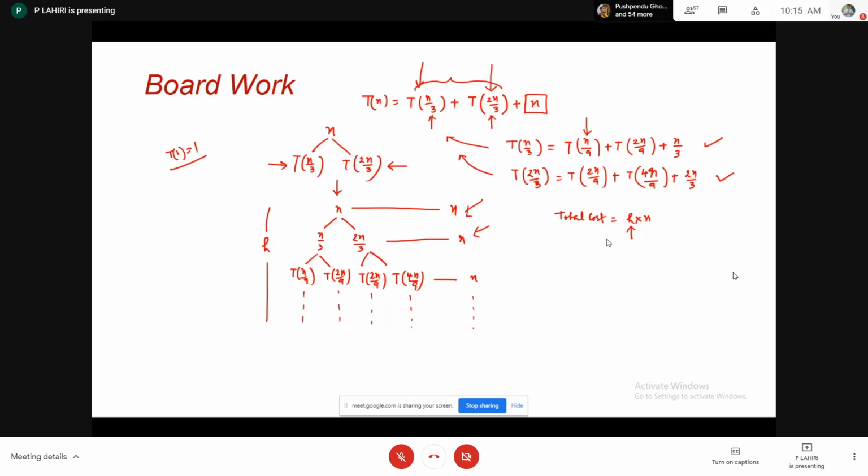And do you recall that height is nothing but the longest path in the tree? Here, listen.